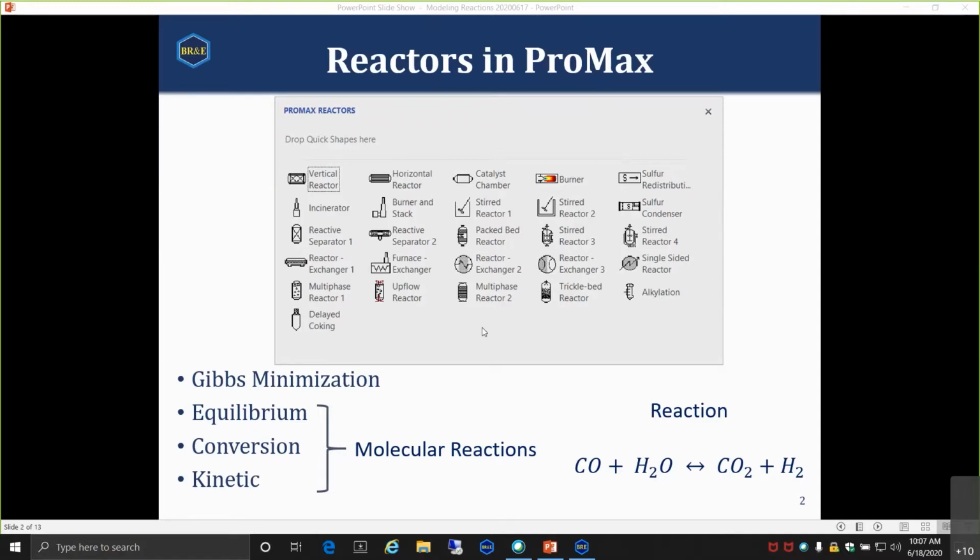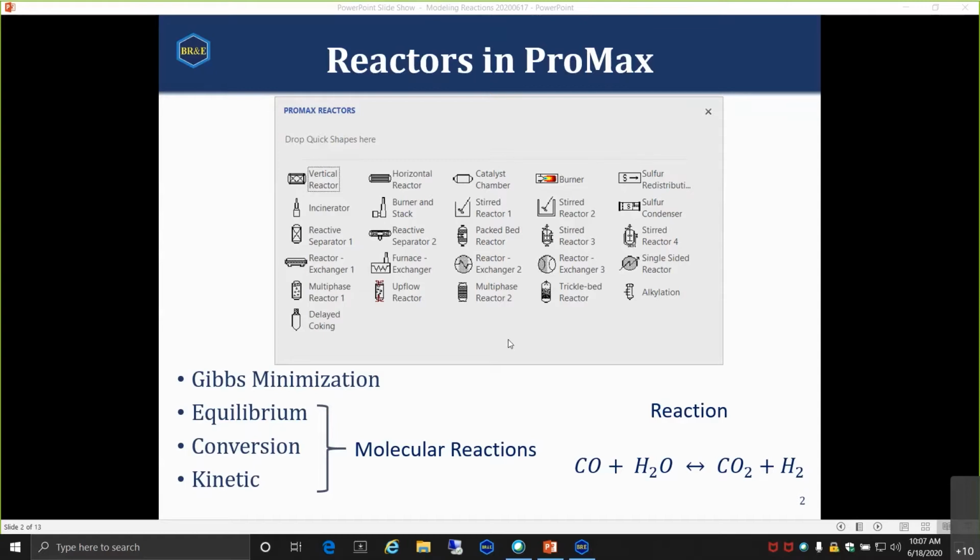We won't be going into those two in any detail. If you are interested in those, the 211 course on crude distillation is the course I would recommend that you go to talk about how to use those two reactors. They are very specialized. They are not in any way as general as these other reactors are.